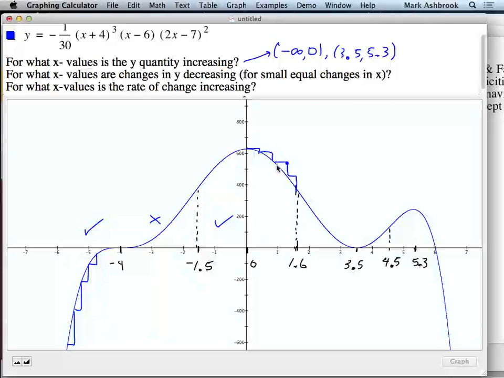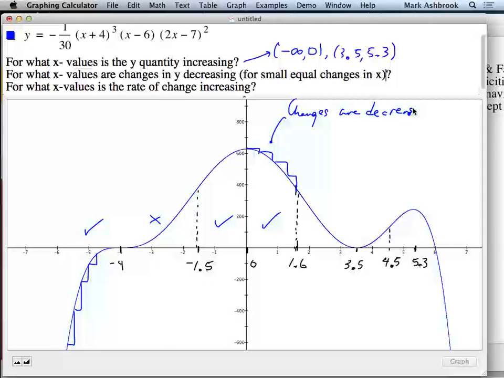The amount of change is getting greater, but the changes are negative, so they're getting more negative. Values that get more negative are decreasing. The changes are decreasing. This is confusing because intuitively you think those are getting bigger. No, but they're getting bigger negative. So the changes are decreasing.